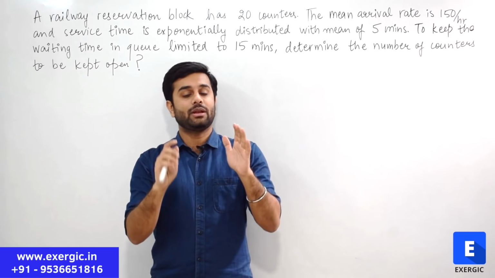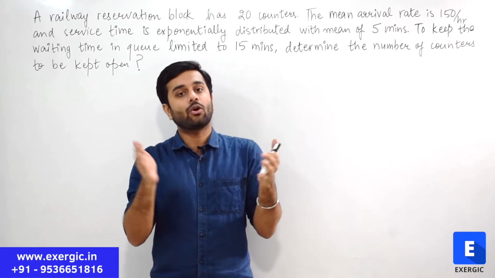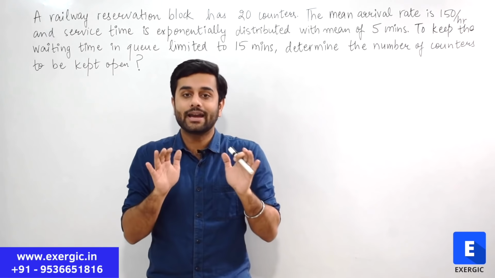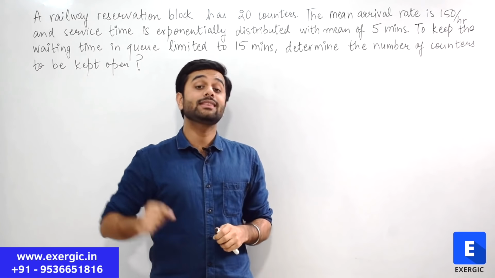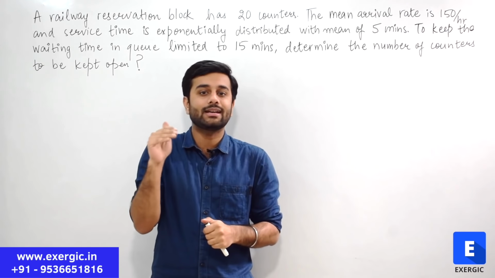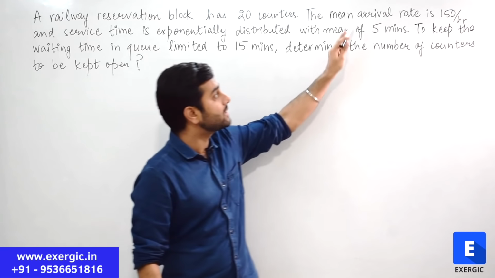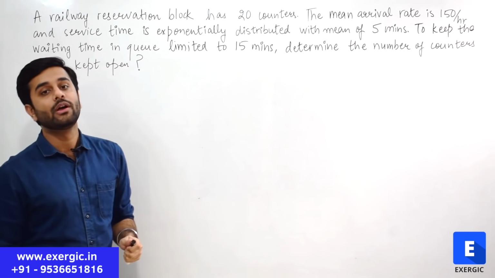So it is acceptable that some of the counters may not be used all the time. They may be sitting idle, but in the peak hours, they should be able to ensure that waiting time is limited to 15 minutes. But when you do the calculation based upon the average or mean value, you cannot say it.